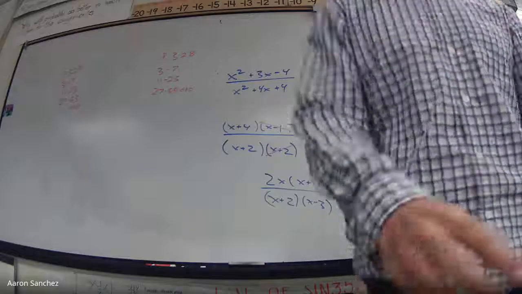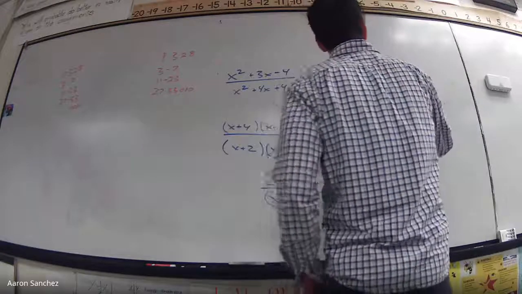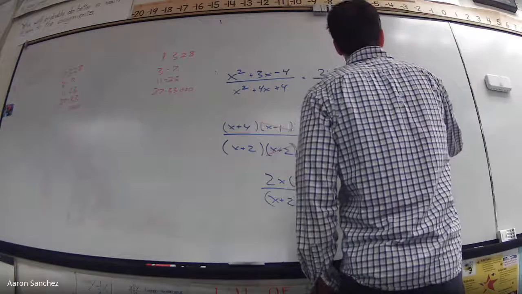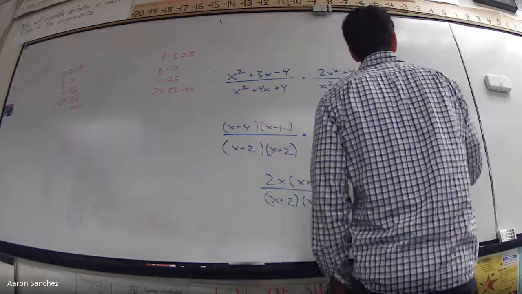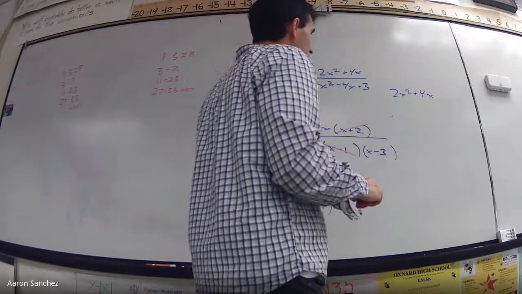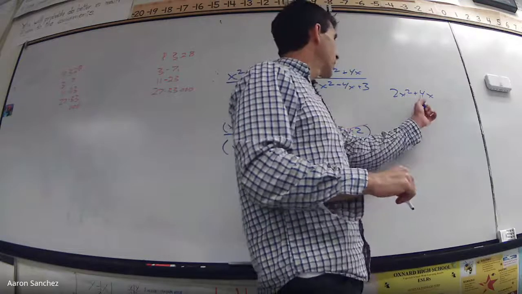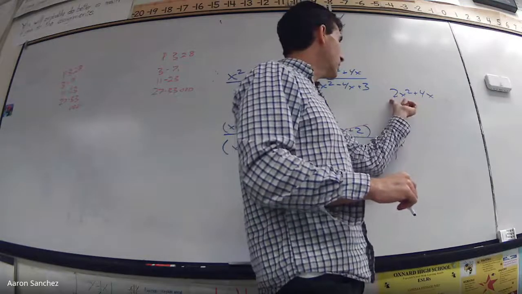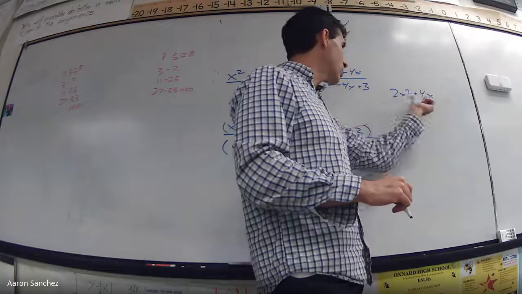I'm still not sure how you got 2x times x plus 2. All right, Abraham, look here. I have 2x squared plus 4x. You look at this monomial and this monomial, these two different entities.